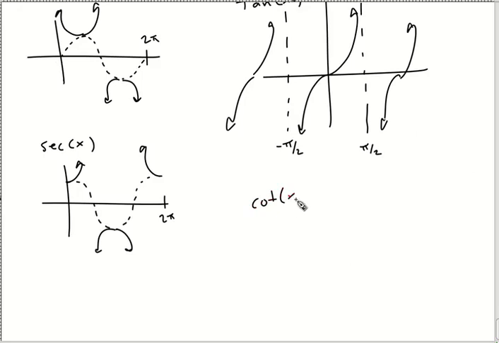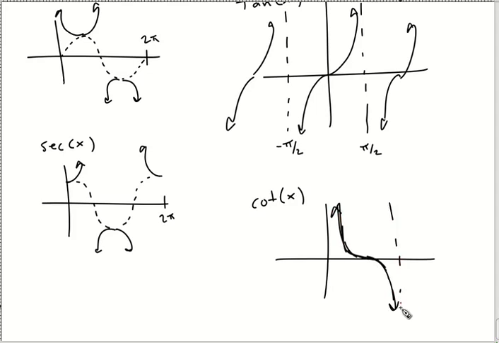So cotangent, the one we actually need for this problem, is the hardest for me to draw, but I'm going to try here. I always goof this one up. I have got to figure out a way to do that one day. Anyways, it's kind of like a tangent, but it's flipped. 0 is a vertical asymptote, and then over here at pi.